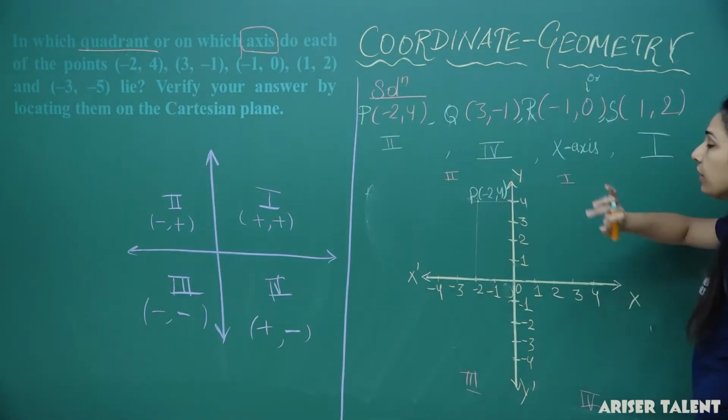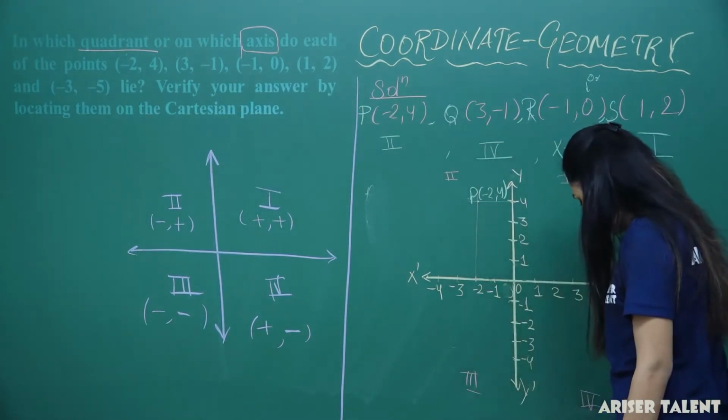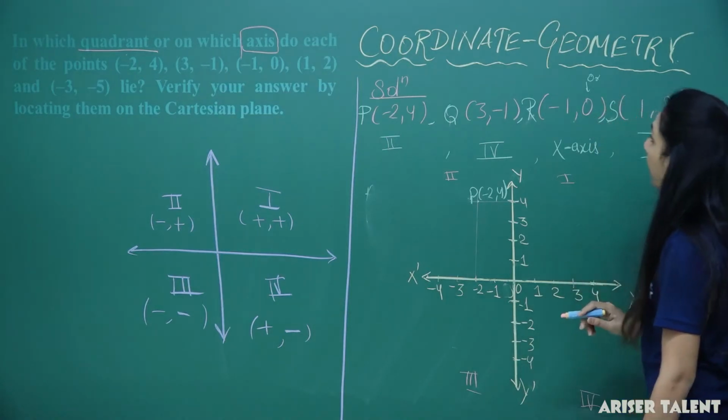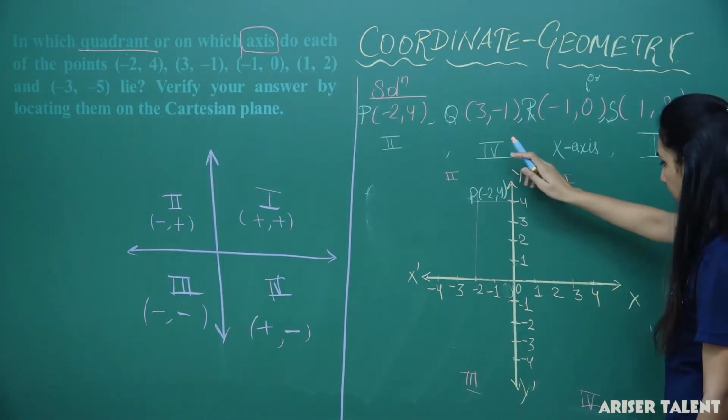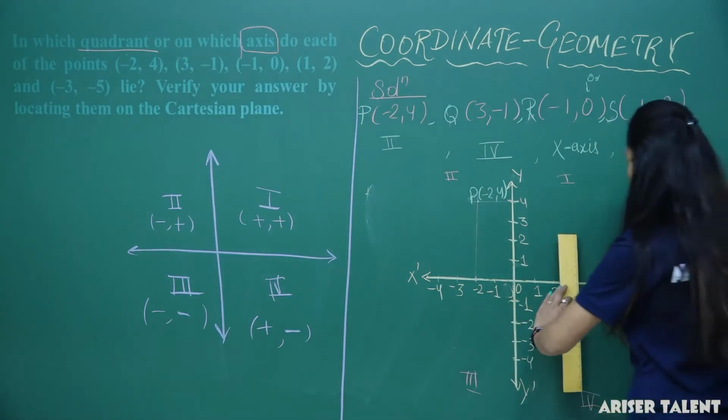Now, this one, 3 positive, so 3 positive here and minus 1. So minus 1 is this, on the y axis. So what I will be doing?